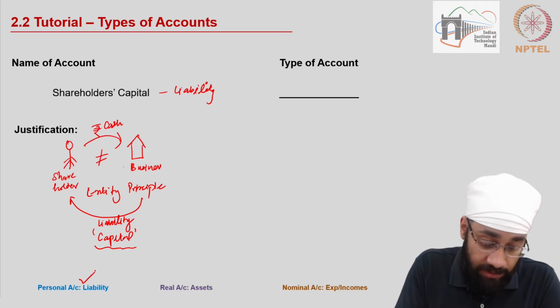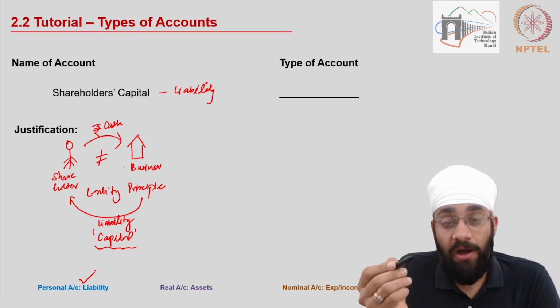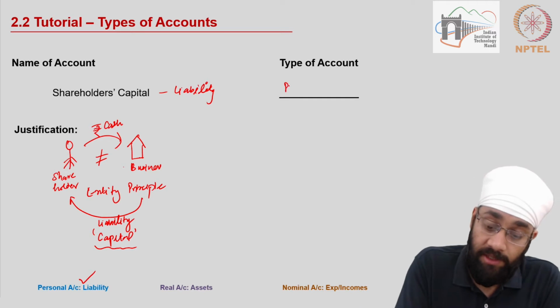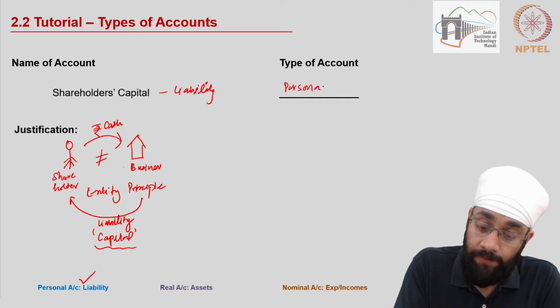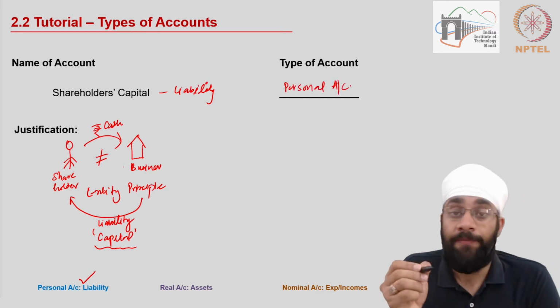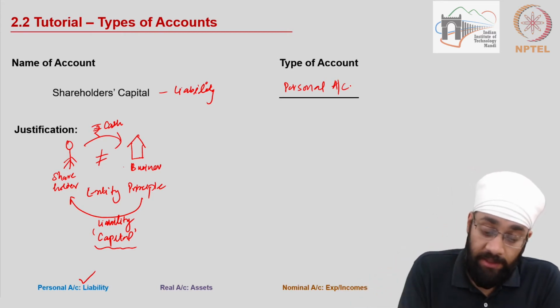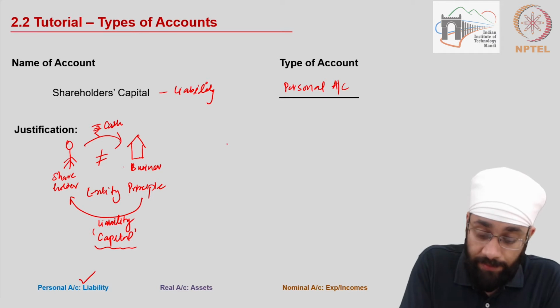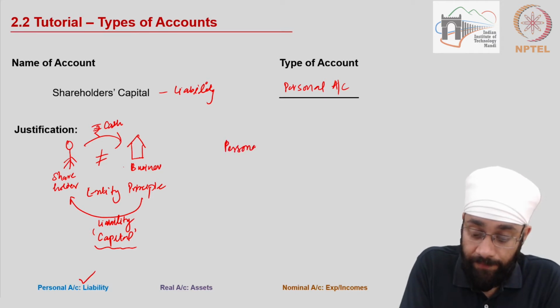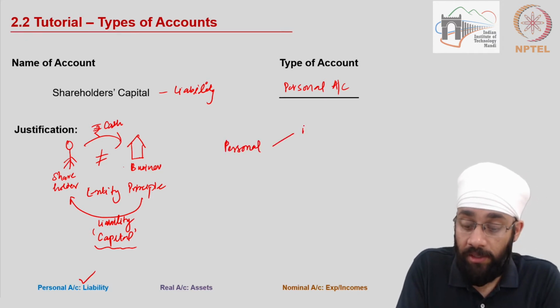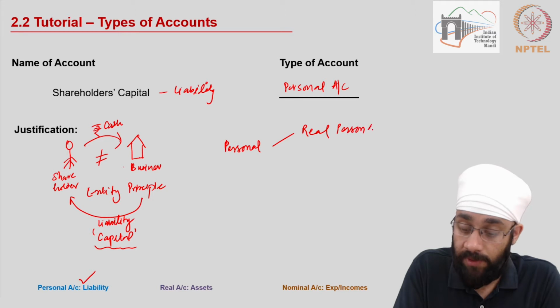And all liabilities, as the rule says, are personal account. So I'm going to write here personal account. Within the personal account, there are three categories as well. So the personal account can be a real personal account or a natural person account, real person account.